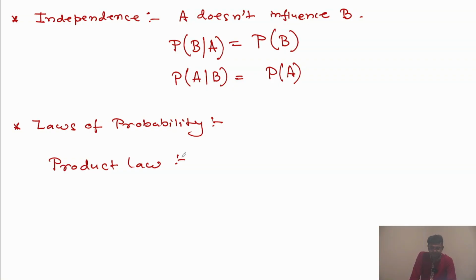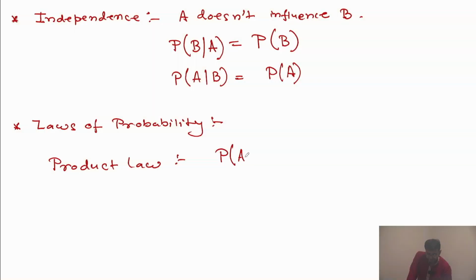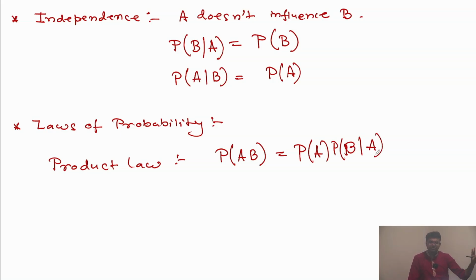Probability of A intersection B is equal to P of A multiplied by P of B given A. This is for two events, you can generalize it to n number of events. So the product law is basically probability of A, B, which is A comma B, which is A intersection B, whatever you want to write, probability of A multiplied by probability of B given A. This is for two events.